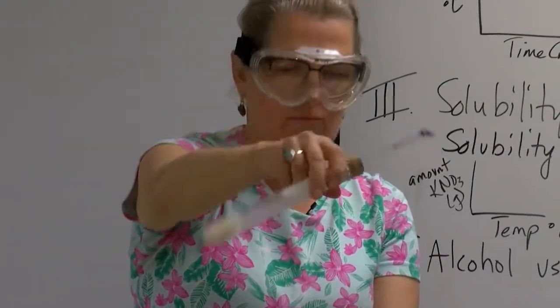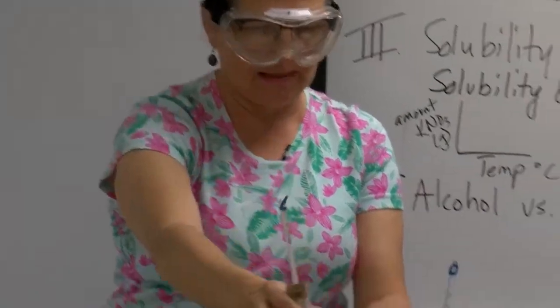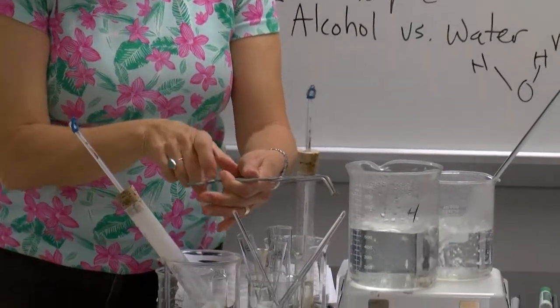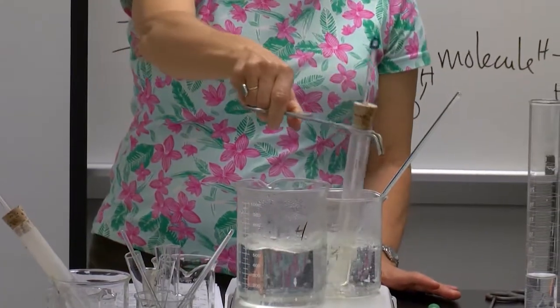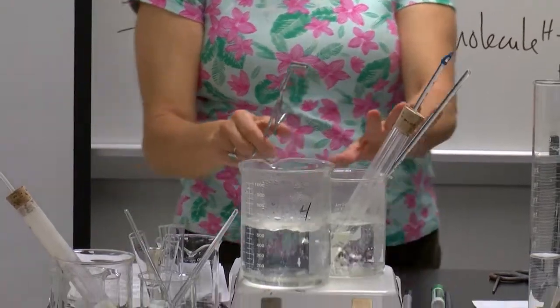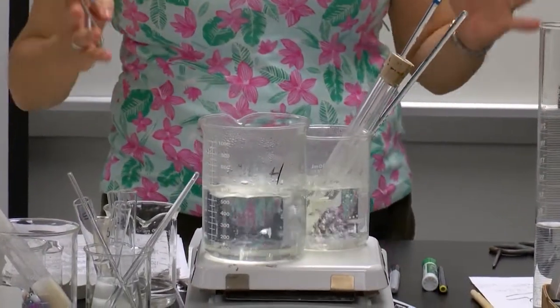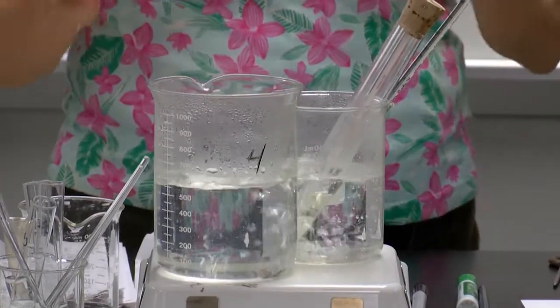You can see that stearic acid at room temperature is a solid. What I'm going to do is continue boiling that until it's all melted. And then we are going to do a cooling curve for stearic acid versus water.